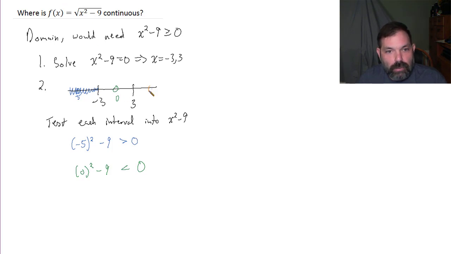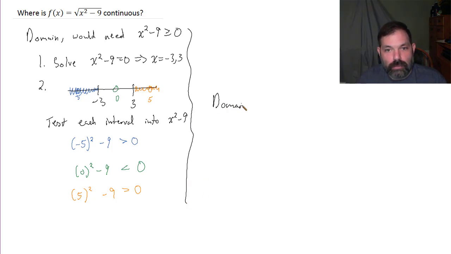And then if I test a number greater than 3, how about, just for symmetry, let's test 5. 5 squared minus 9 would, again, be positive. That's greater than 0. And so that would give us a solution, or solutions of the inequality. And so then the domain of this function, taking all this into account, what we can say is the domain of the function is -infinity to -3.